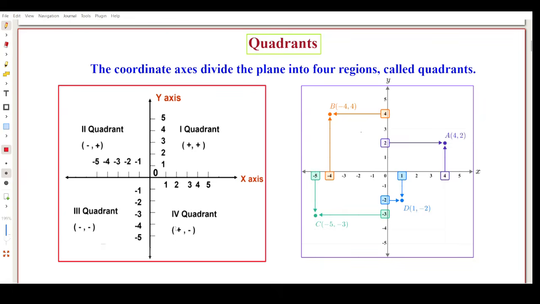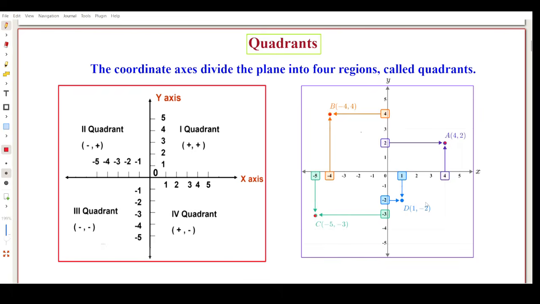For example, if you want to plot the point 4 comma 4, both are plus, so it should be in the first quadrant. Here you can see. Next, minus 4 comma 4 is minus comma plus, which belongs to the second quadrant. Next, minus 5 comma minus 3: minus comma minus is the third quadrant.